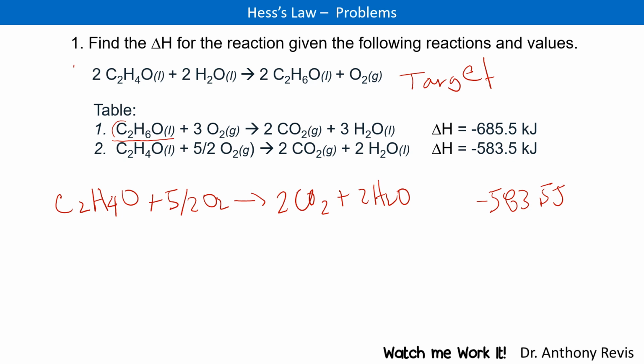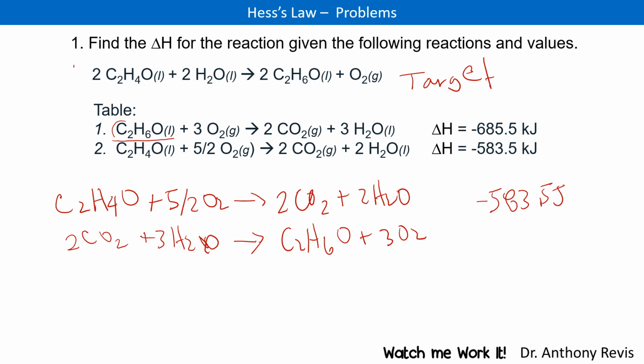So when I flip this equation, I'll rewrite it, just rearranged, flipped, or reversed. 2CO2, again, I'm going to omit the states, plus 3H2O. That gives me C2H6O, plus 3O2.